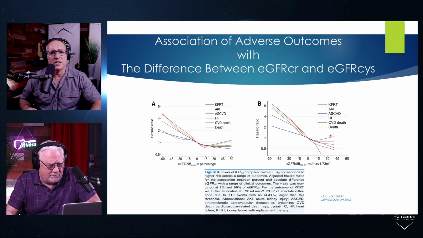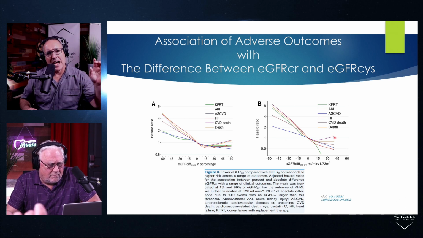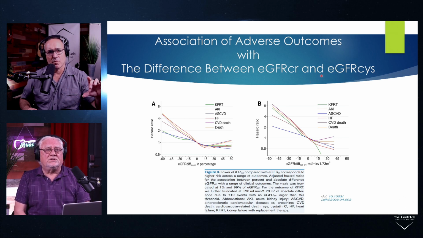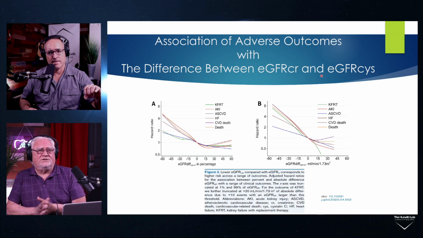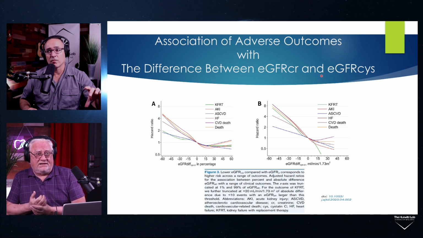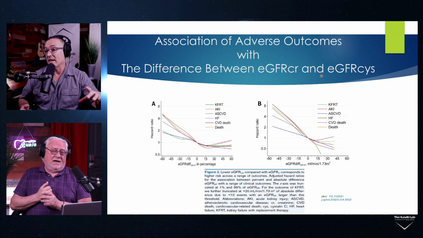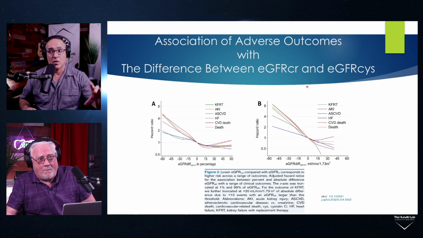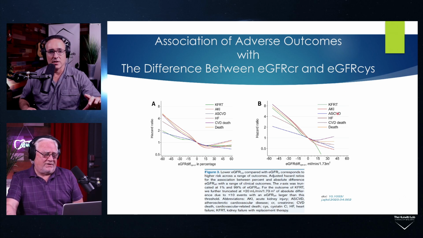And that's the eGFR creatinine greater than the eGFR-Cystatin as you move to the left? Well, it's almost always that, because most of the time, the eGFR creatinine is greater than the eGFR-Cystatin. Usually. So in order to be seeing these kinds of things, you could almost certainly guess it is the eGFR creatinine minus the eGFR-Cystatin.